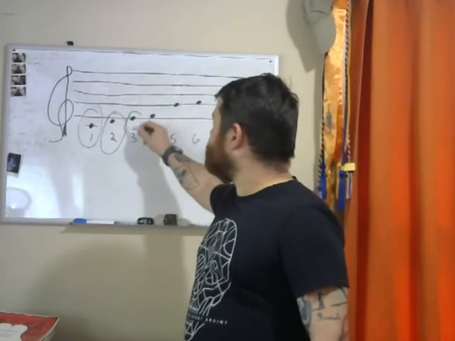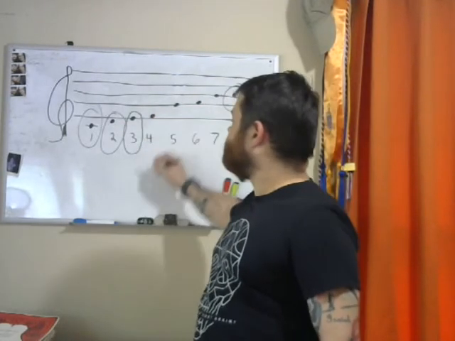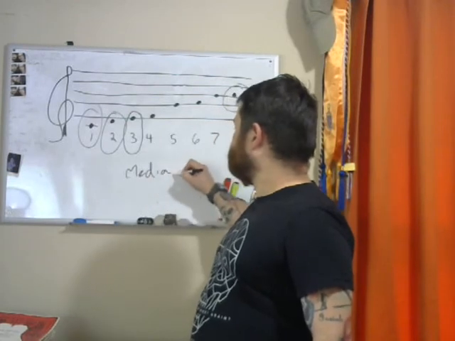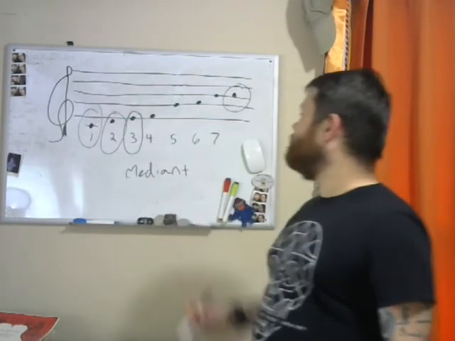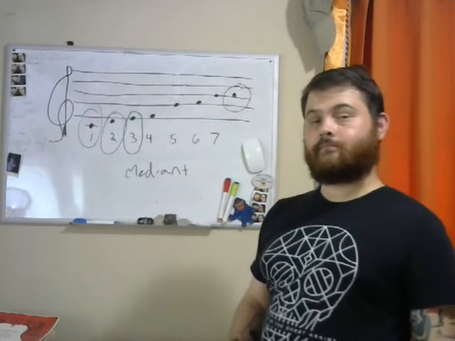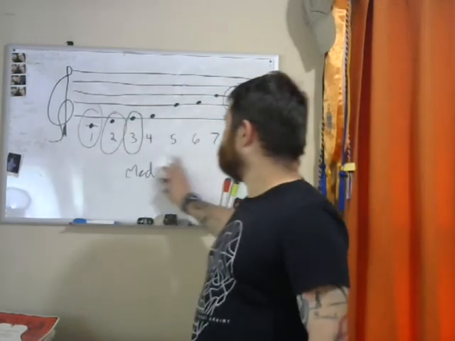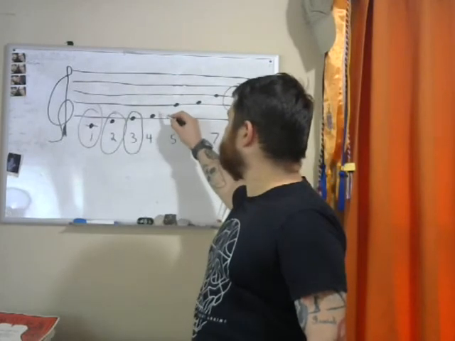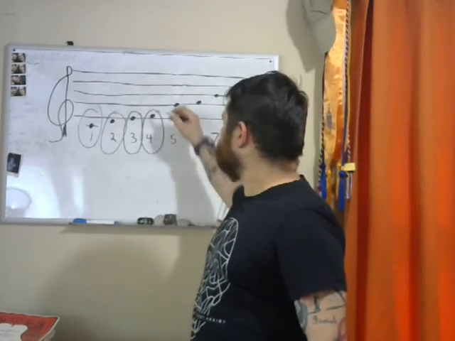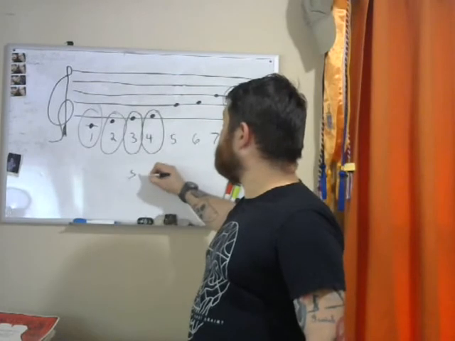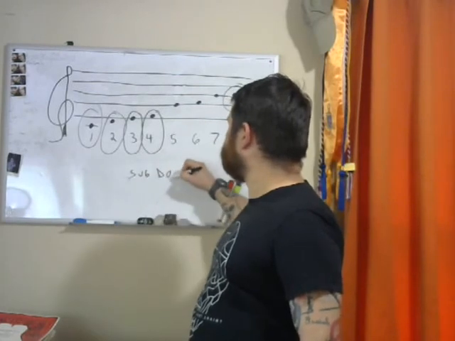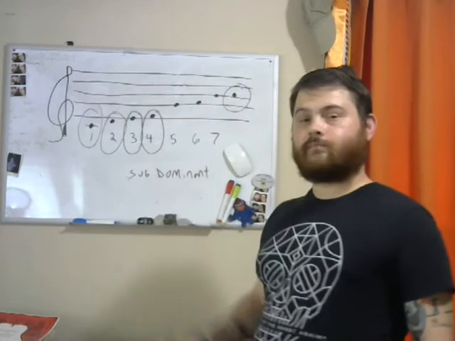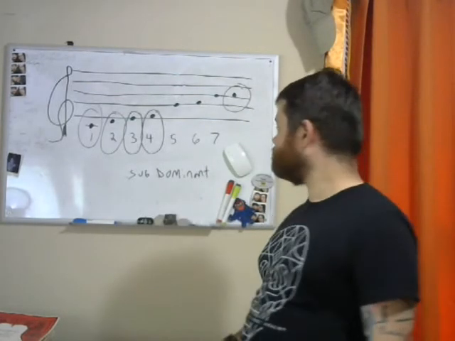Now we'll get into the third scale degree. We're going to call that the mediant. The fourth scale degree is going to be called the subdominant.